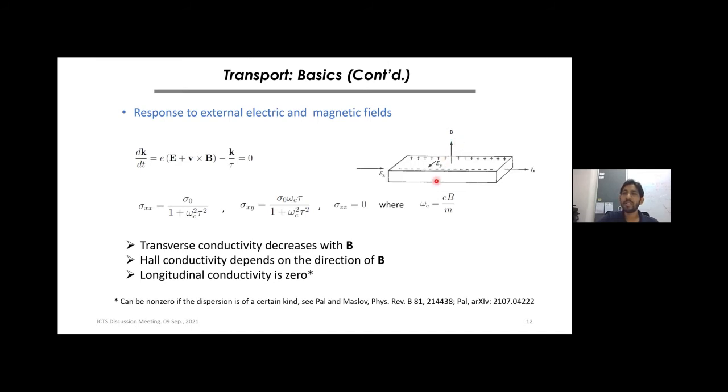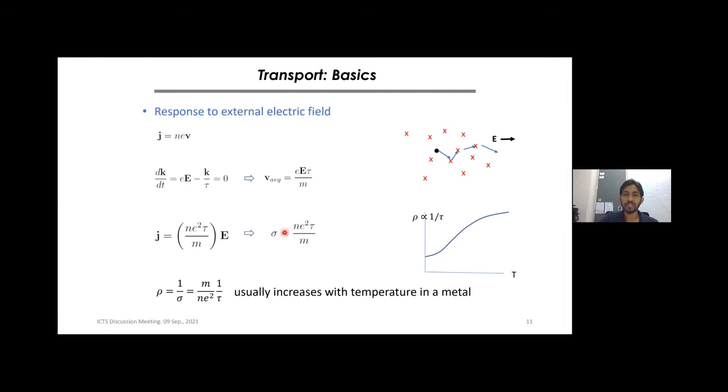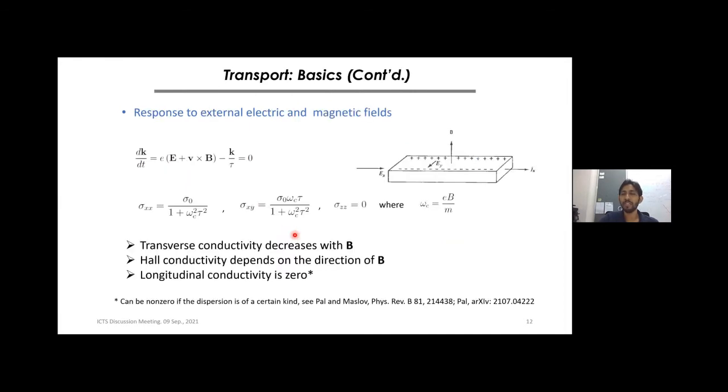Therefore, there will be some current flowing also perpendicular to the electric field, and this is exactly what this is capturing. And sigma zz, which is parallel to the field, of course, there is no Lorentz force component. There is also no electric field. So, of course, there cannot be any conductivity, and this is just 0. By 0, I mean you can have at most this, but no effect of field, okay? And here, omega c is just the cyclotron frequency, which is eB over m.